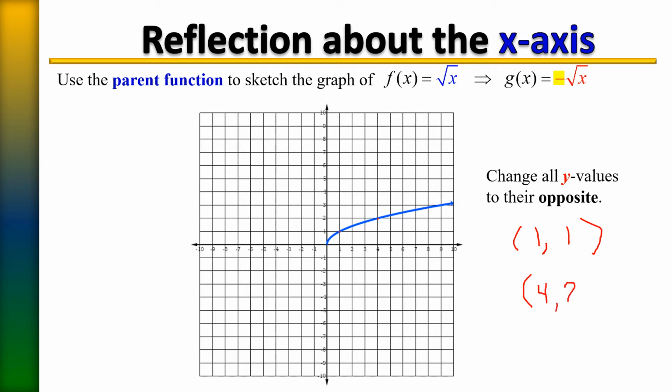So if we take these ordered pairs and change the y values to their opposite by placing a negative in front of them, you're going to see that when we flip the image across the x-axis, these points will then be on the graph.